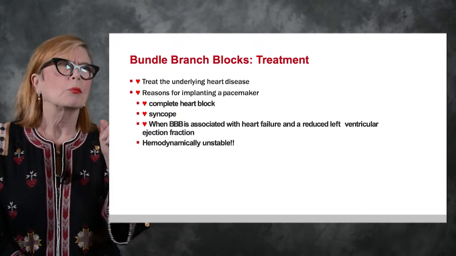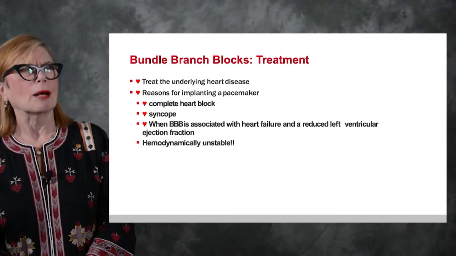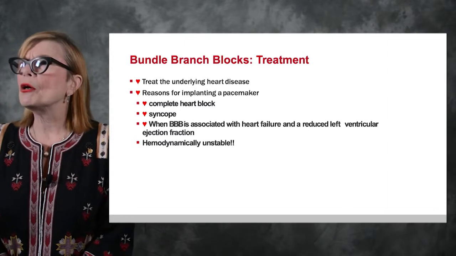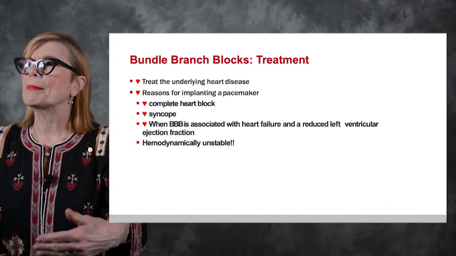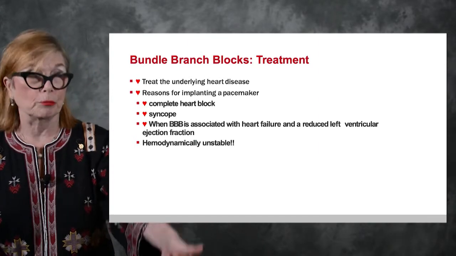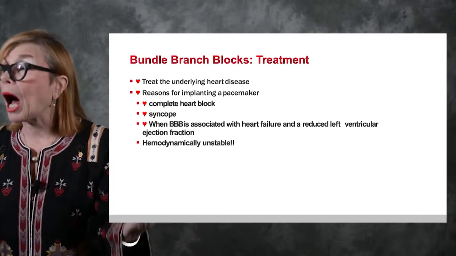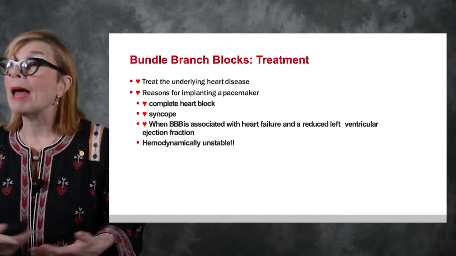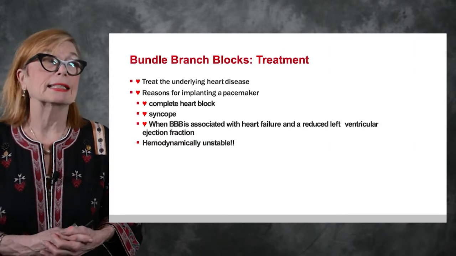So I want to restate that because I kind of stumbled on my word there. If you have first degree or second degree block with a bundle branch block, that's really prodromal for complete heart block. It's a bifascicular block. It may give us some significant consideration.